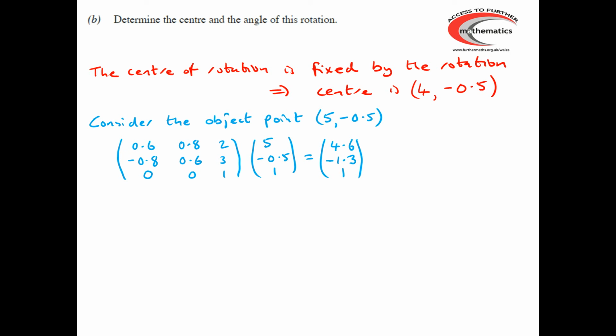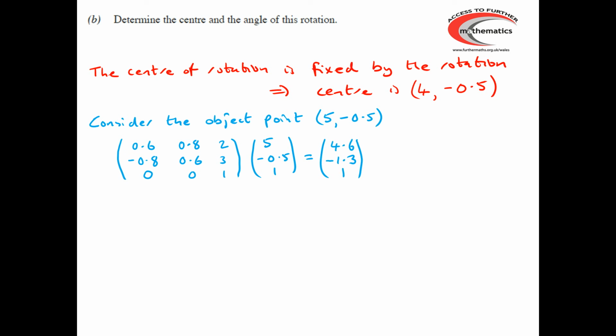We can calculate the image of this point under the transformation by performing the matrix multiplication. So we've got the matrix times (5, minus 0.5, 1), and performing the multiplication we end up with the vector (4.6, minus 1.3, 1).